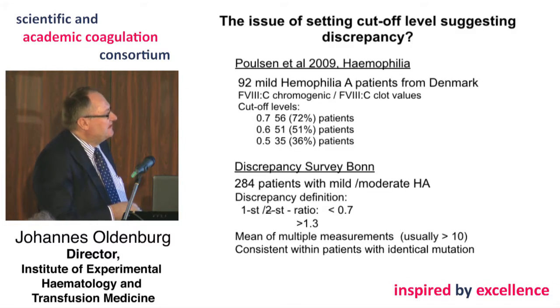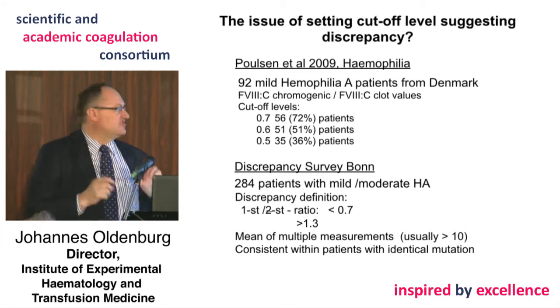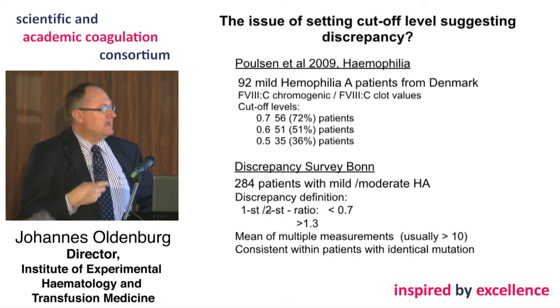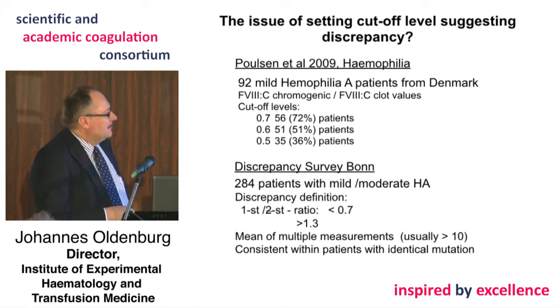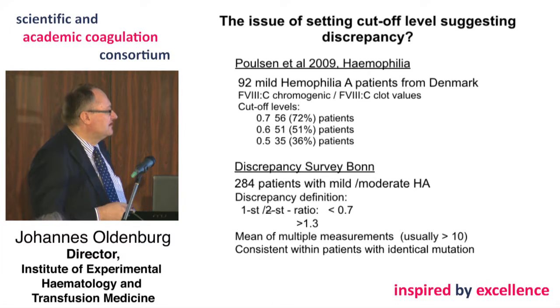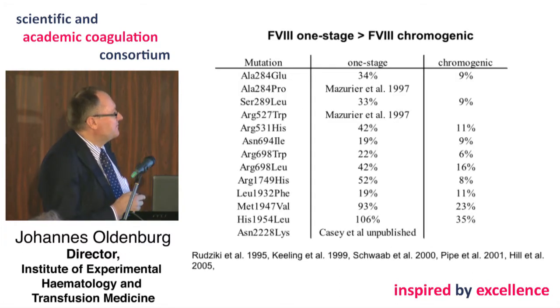So if you take a cutoff level of 0.5 as a ratio of a one-stage assay and a chromogenic assay, then about one third of the patients are discrepant. In a survey in our center, we had looked at 284 patients with non-severe hemophilia A and found a discrepancy in 109 patients.